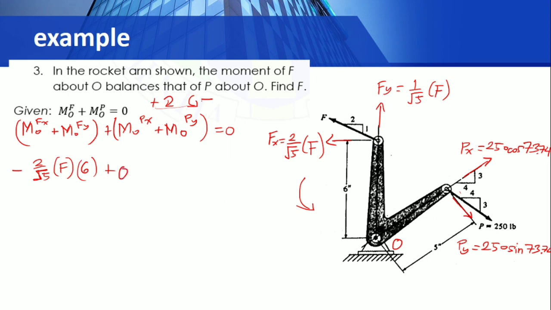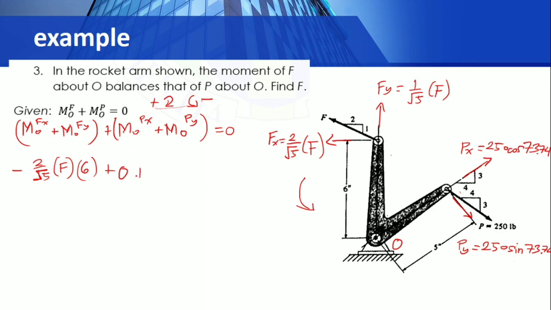Okay? And then, doon naman tayo sa moment nung P. So, that will be yung moment nung px about O. So, yung px natin, ganun din class, yung line of action ng px natin is nandun sa point O. Okay? So, hindi siya mag-rotate ulit. Kaya yung moment of px natin magiging 0 ulit.